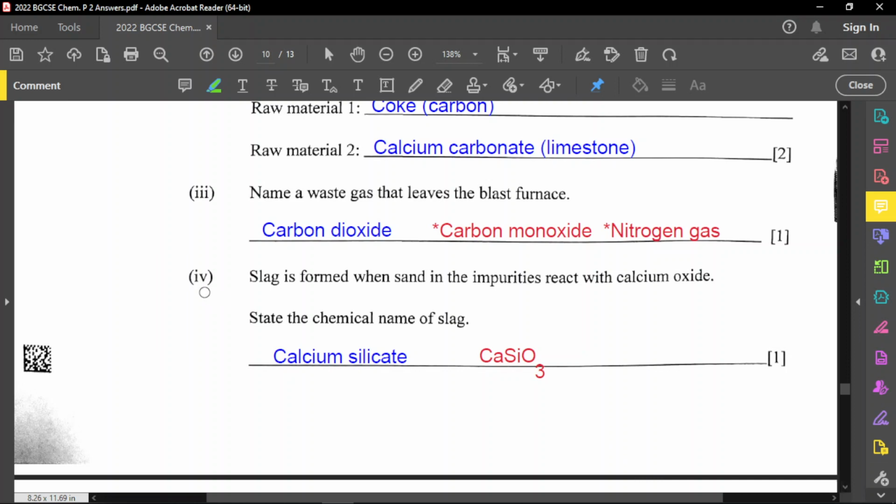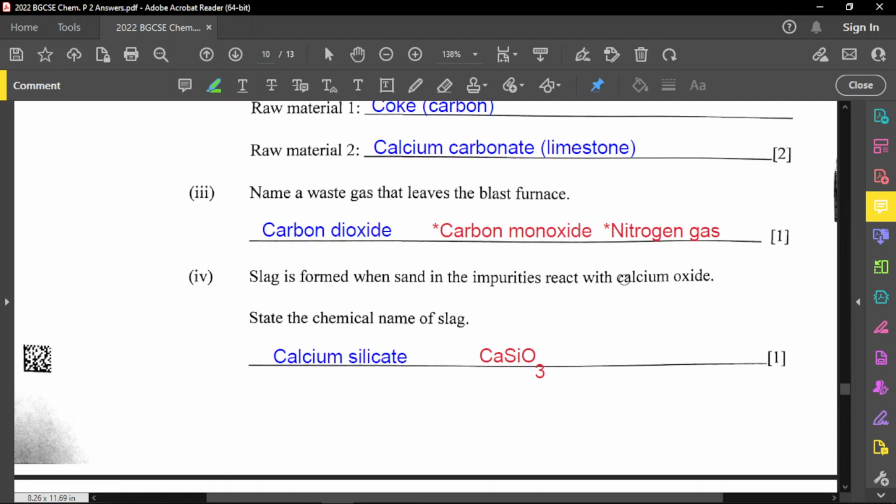Now for part 4, slag is formed when sand in the impurities reacts with calcium oxide. And notice here it's calcium oxide, and so sand with calcium oxide is a big giveaway. It's the stated chemical name for slag, and slag will be calcium silicate because sand contains silica.